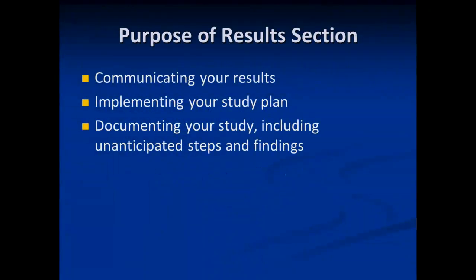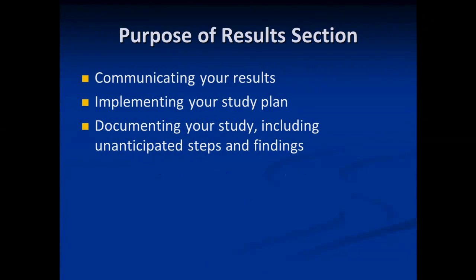So let's review the purpose of results. It's obviously communicating what you've done. It's also communicating what you planned to do, and I'm going to explain the distinction here. You're doing both. You had a plan and you want to stick to what you initially planned, okay?